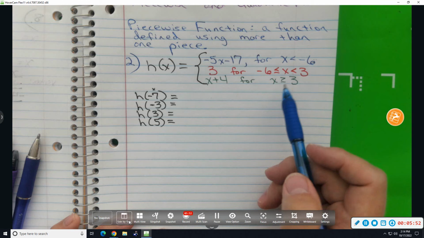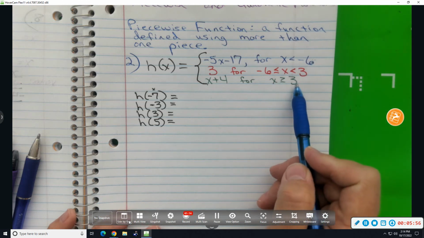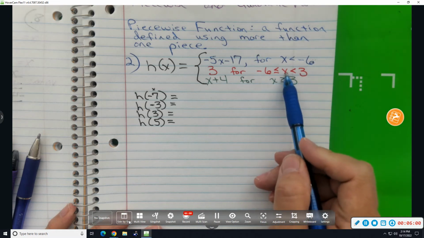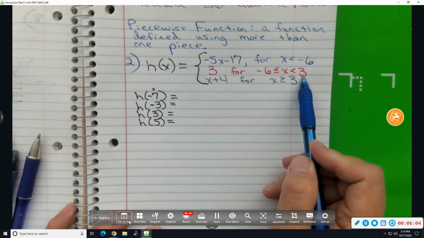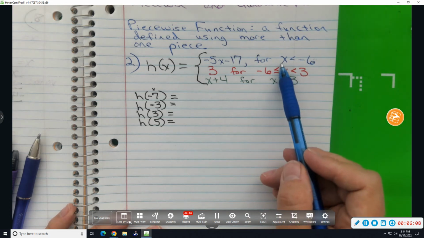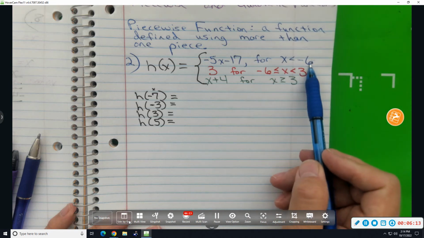Well, let's see. We'll start with an easy one. Is -7 bigger than 3? No, okay. Is -7 between -6 and +3? No, I think the only inequality that's going to be satisfied is this first one. -7 is smaller than -6.